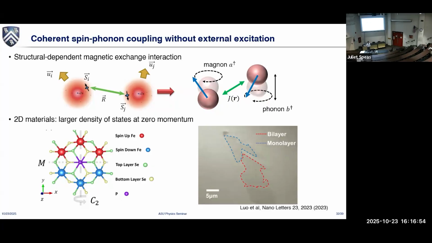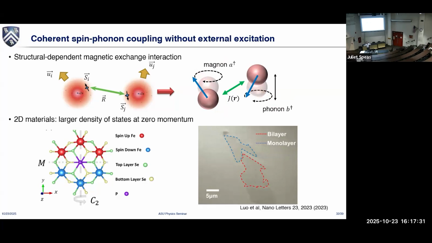But in a material where you only have phonons and magnon modes, they're bosonic excitations, with no population. But because of the uncertainty principle, you will always have phonon fluctuation, which is equivalent to half of a phonon, that couples with magnon fluctuation, which is half of a magnon. Okay, so that's pretty interesting.